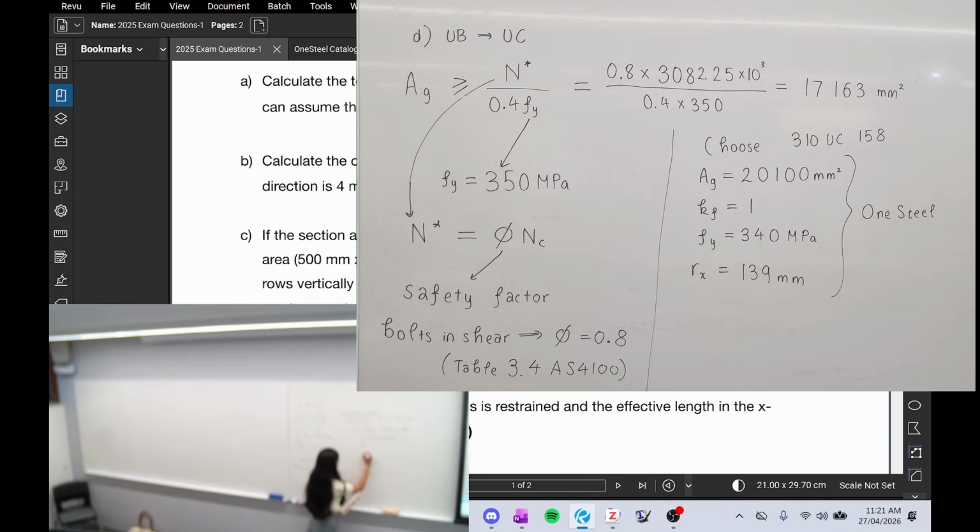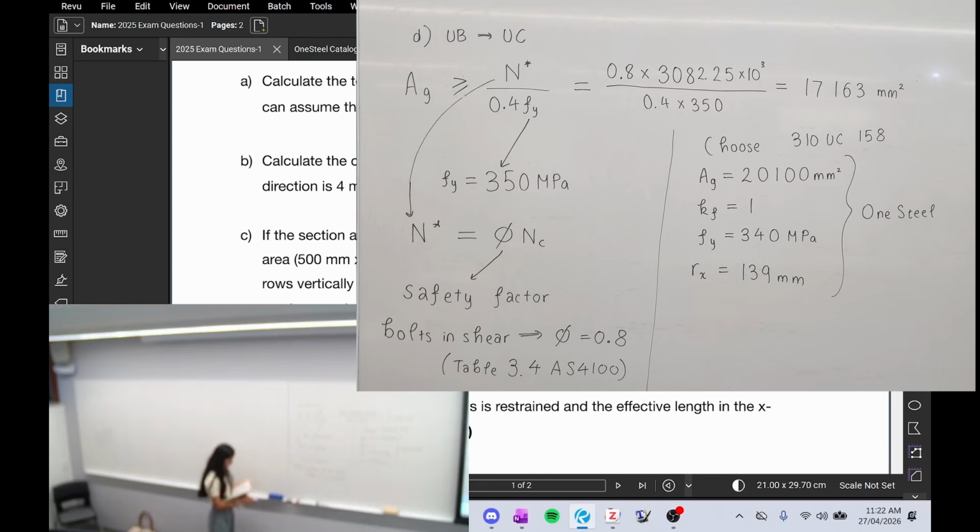And your Fy is 340 MPa. We also want Rx, the radius, which is 139 millimeters. And these are all from One Steel. Does anyone have any questions so far?